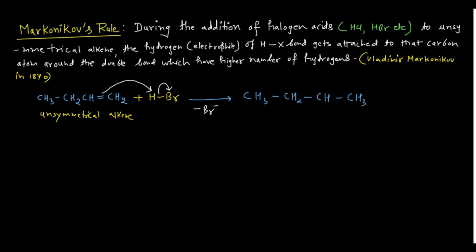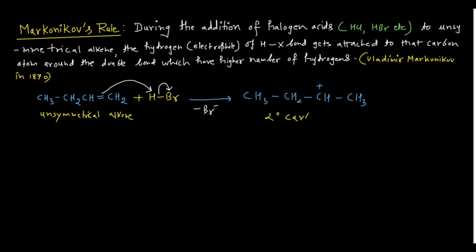And the center carbon is electron deficient, so we put the positive charge here. And this is exactly what Markovnikov said. The H positive part, the electrophile of HBr or HX, will add to the carbon atom around the multiple bond which has the higher number of hydrogen atoms, and this forms your secondary carbocation. So this carbocation is secondary in nature.